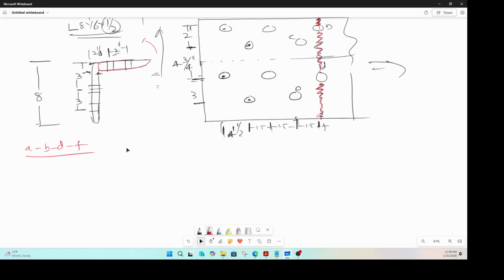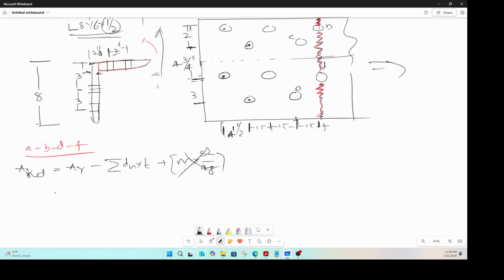For that failure path, A net is what you need to calculate. A net is A gross minus the sum of DH times T, plus you come back and add the sum of s squared over 4g for however many you have. We don't have an inclined or oblique path, so this term will be 0.